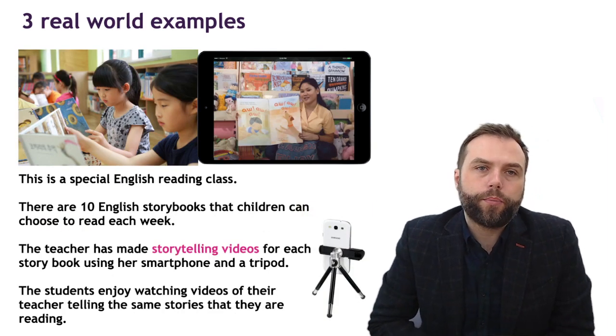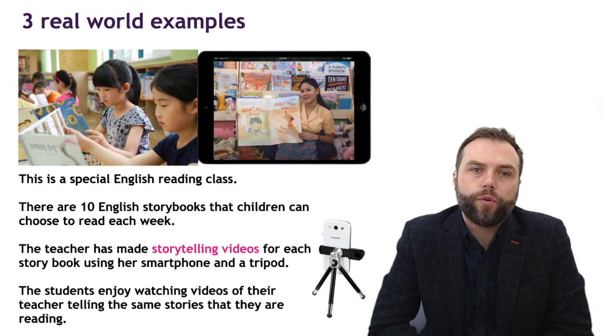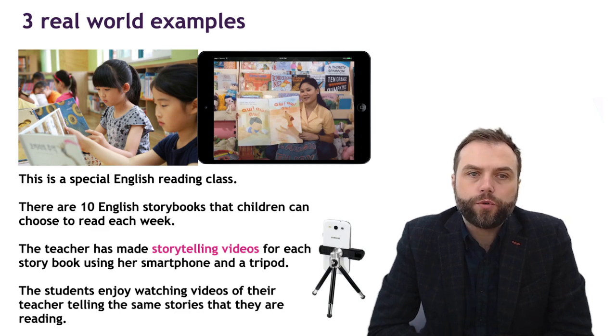Here is the next example of how we can use blended learning. This is a special English reading class. There are 10 English storybooks that children can choose to read every week. The teacher has made storytelling videos for each storybook using her smartphone and a tripod. The students enjoy watching videos of their teacher telling the same stories that they are reading.